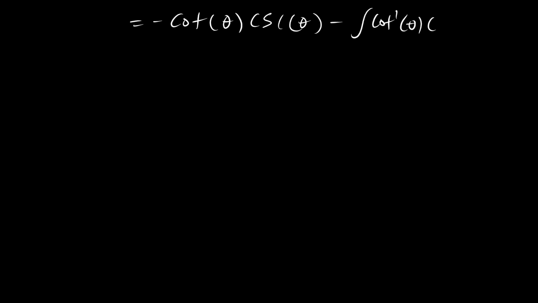Okay, so we've come to where we have now cotangent of theta, cosec of theta, minus cot squared theta, cosec theta, minus cosec of theta. Now this is where we started, so this is I.